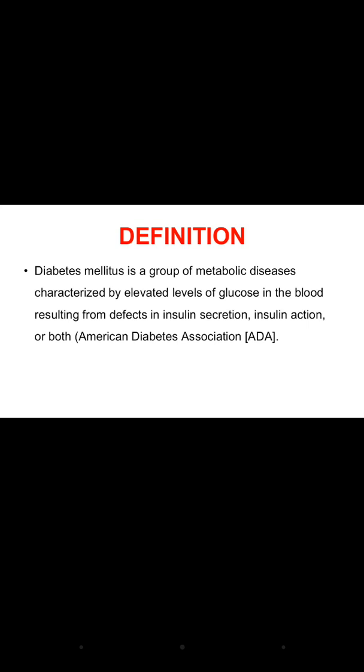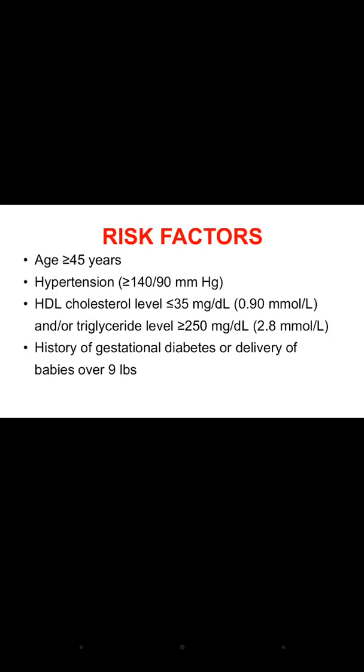So in this way diabetes mellitus occurs. So we can say that diabetes mellitus is a disease condition in which there are elevated levels of blood glucose.